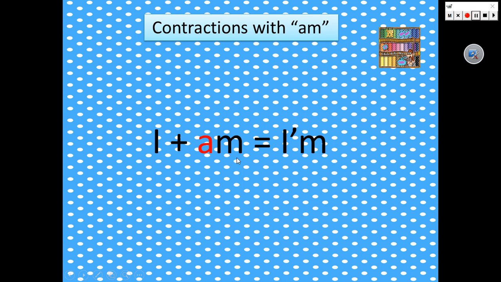When we're putting those two words together, the first word stays the same, and then you're going to take out the A in the word am. Usually when we take out a letter, it's going to be the first vowel. So the first vowel here is A. We squish them together, we take out the A, and you put the apostrophe where the A used to be, and you have I'm.